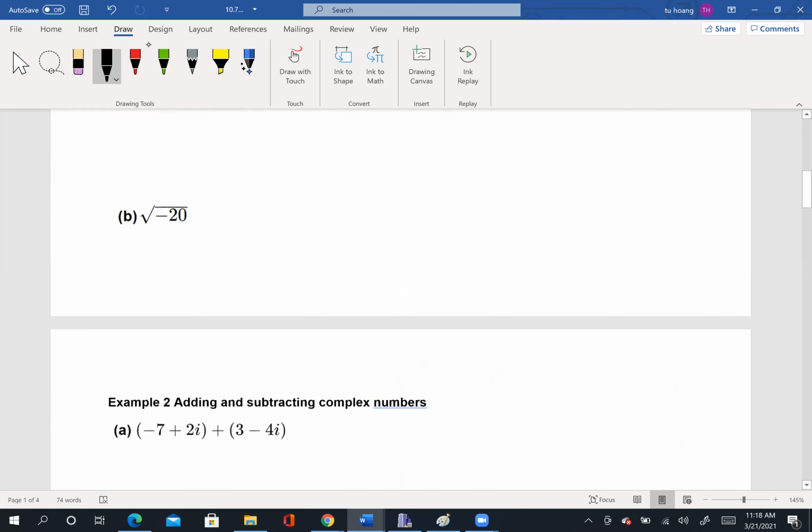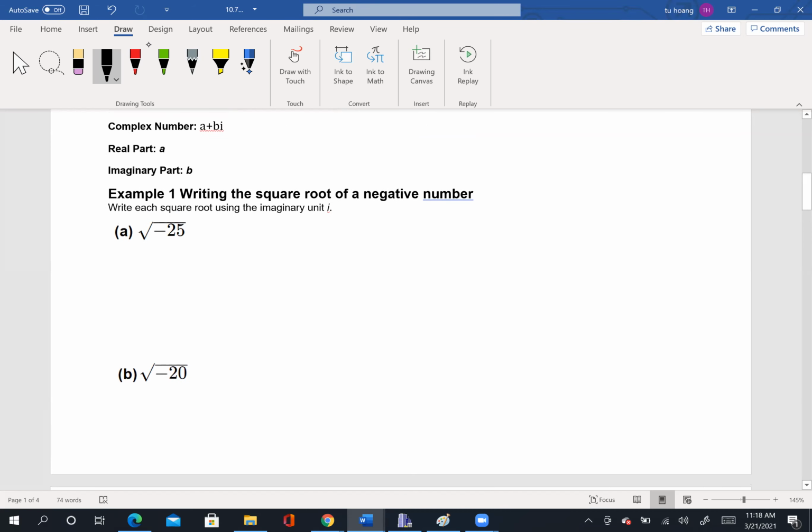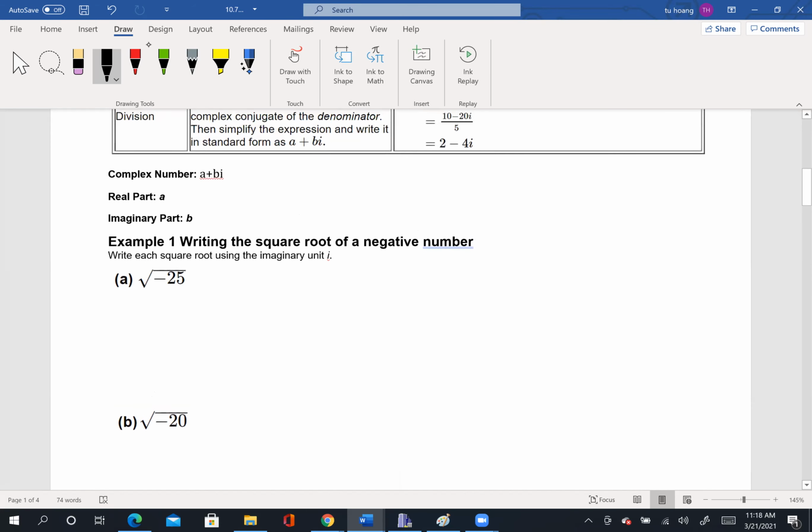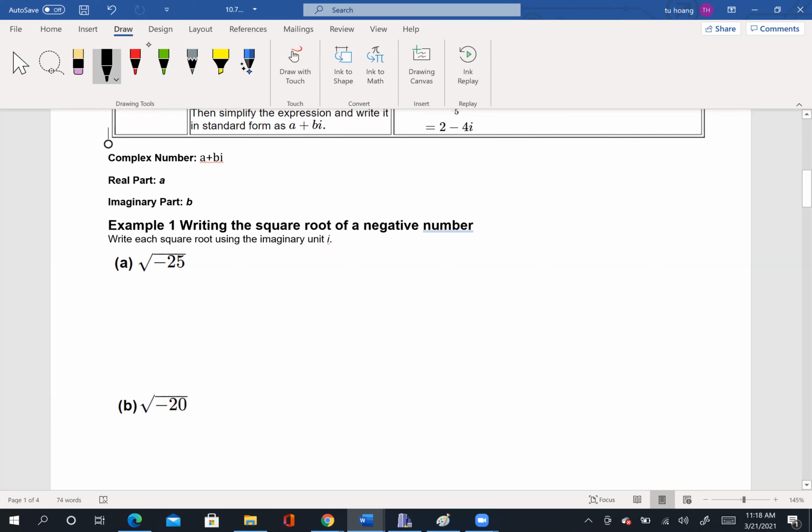Let's see if I can have some examples for you. Again, a complex number is a plus bi, the real part is a, and the imaginary part is b. So let's do an example.